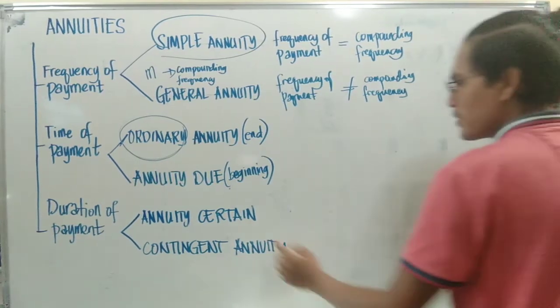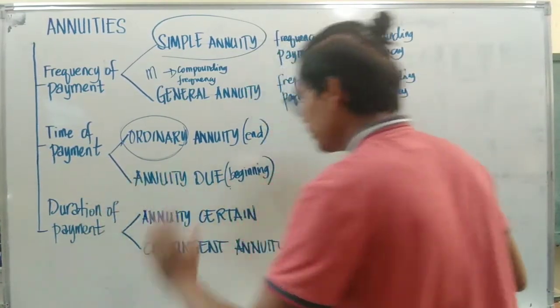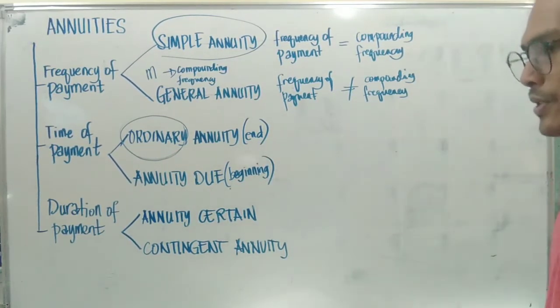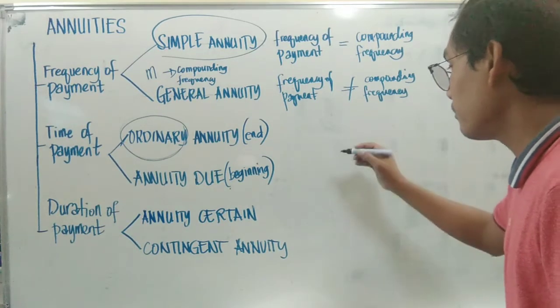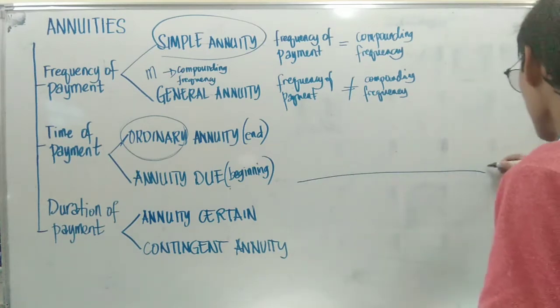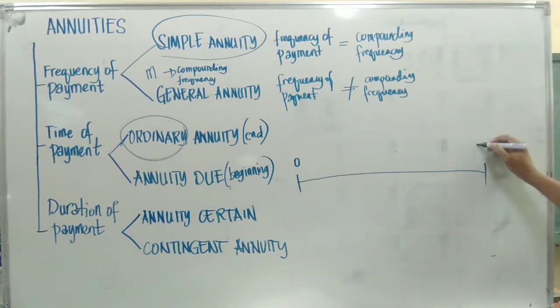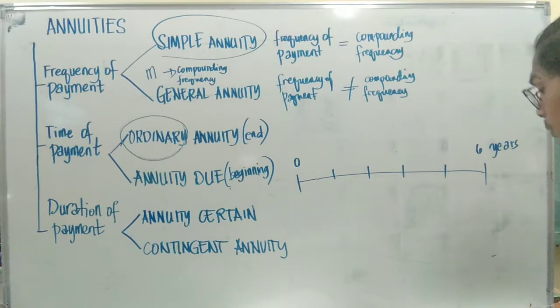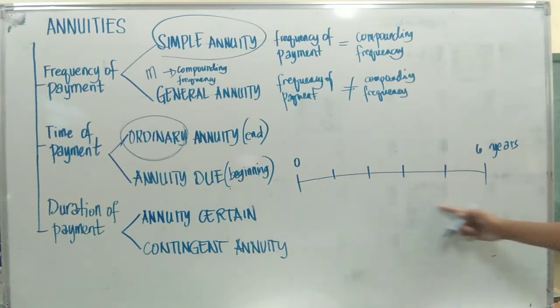Okay? Let us now proceed to the third classification of how we distinguish your annuities. So the third classification is the annuity certain or using the duration of payment. When we say duration, example, you are paying an insurance. The duration of your insurance is from 0 to 6 years. Or shall we say you want to put savings in a certain bank, creating a savings account and putting that duration by 6 years time deposit.